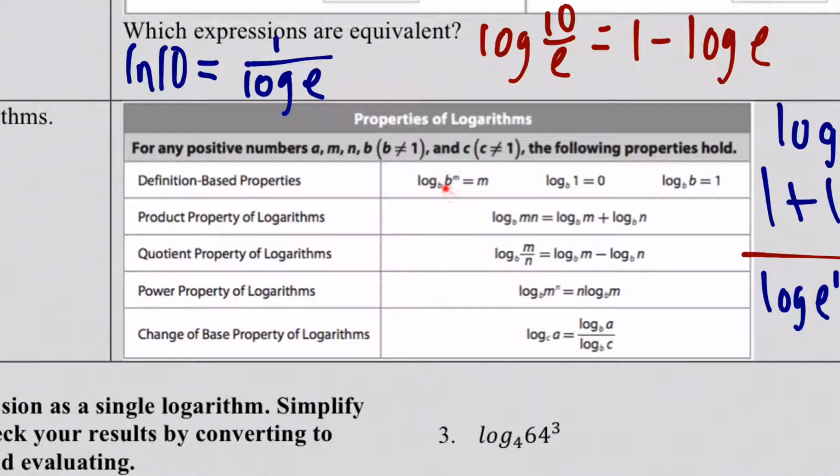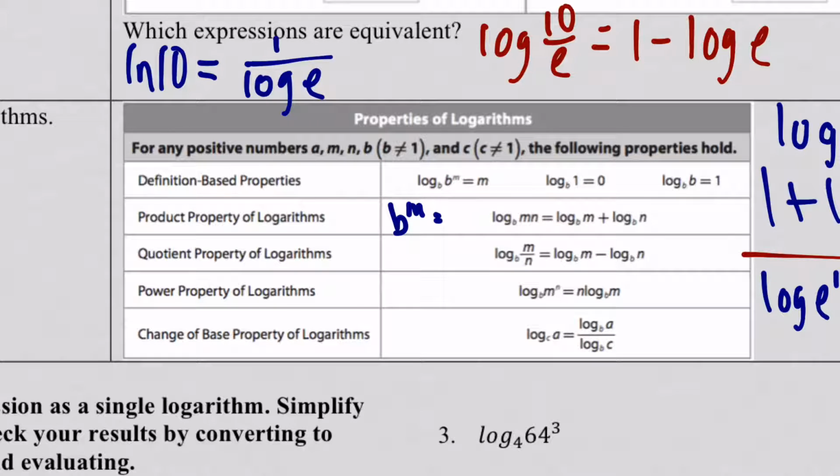Log base b of b to the m is equal to m. Why is that true? Because that's basically the definition, right? If I change this into exponential form, the base is b, right? That's the base. The power is m, and it equals this whole thing right here, which is b to the m.